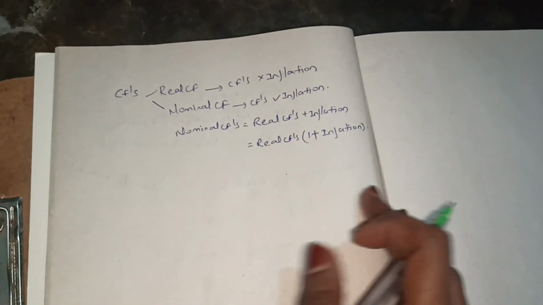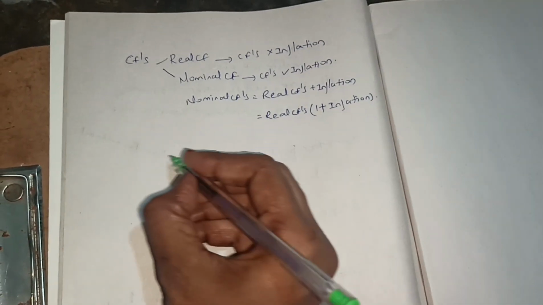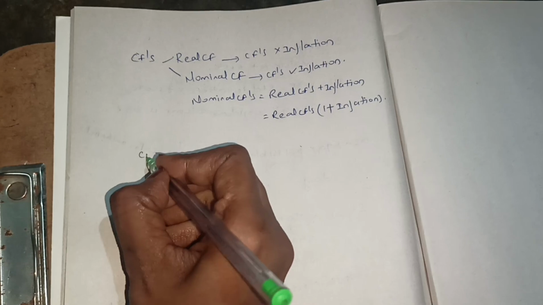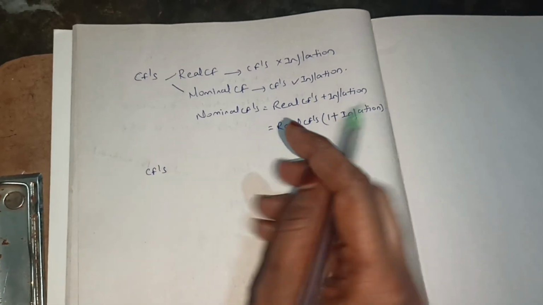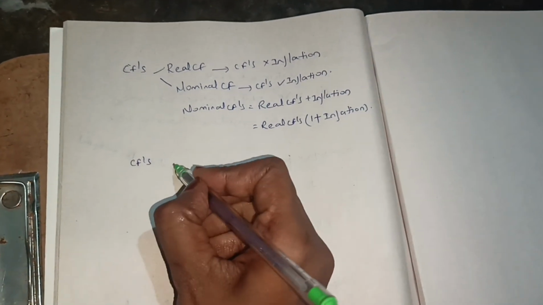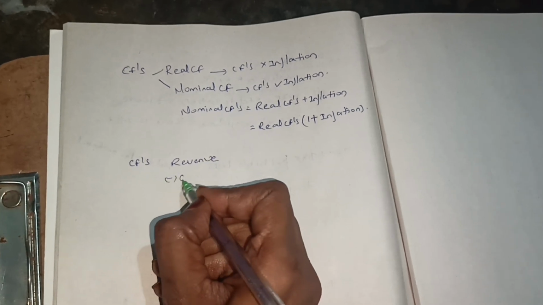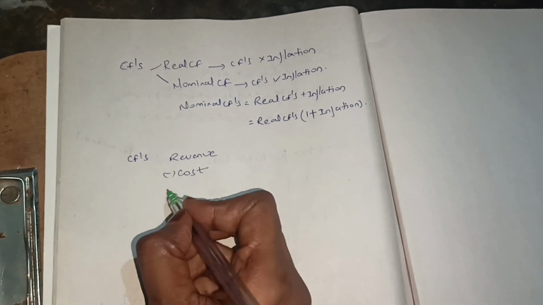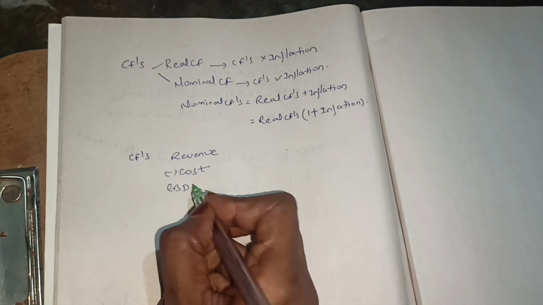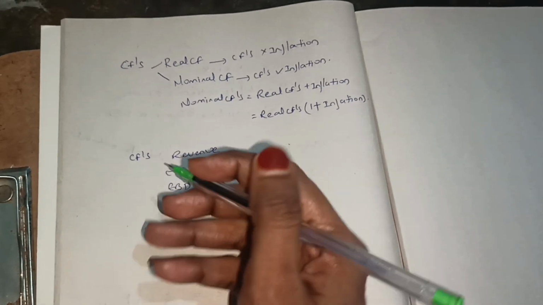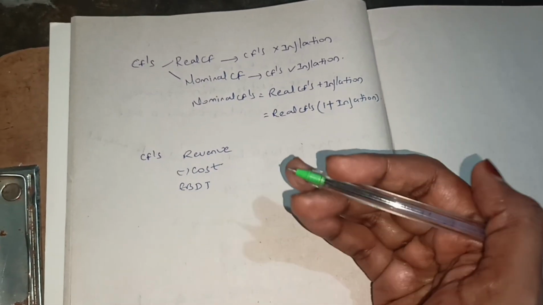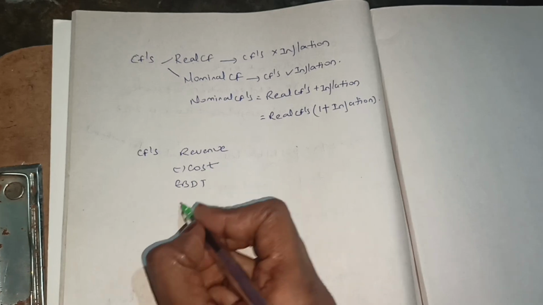And one more thing, please try to remember this format. How to derive cash flows? So there is one simple format: revenue minus cost, you will be getting EBDT. EBDT stands for earnings before depreciation and tax.